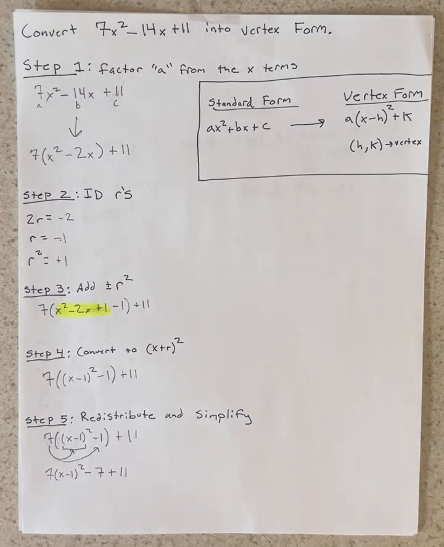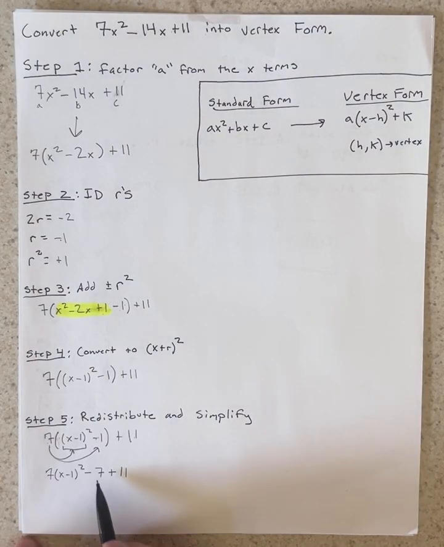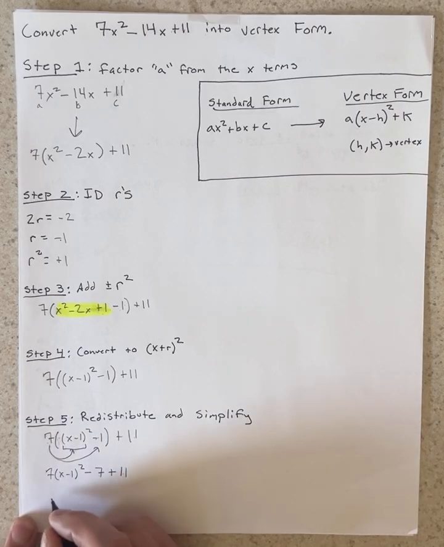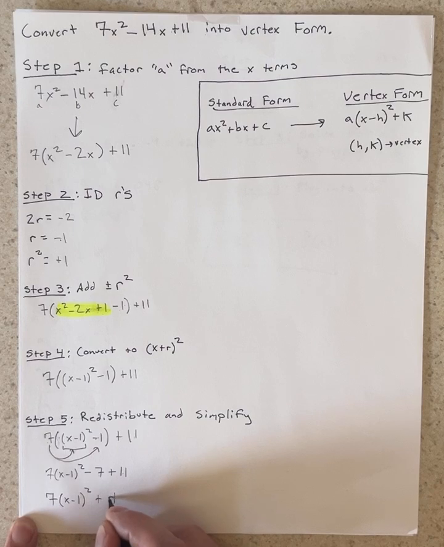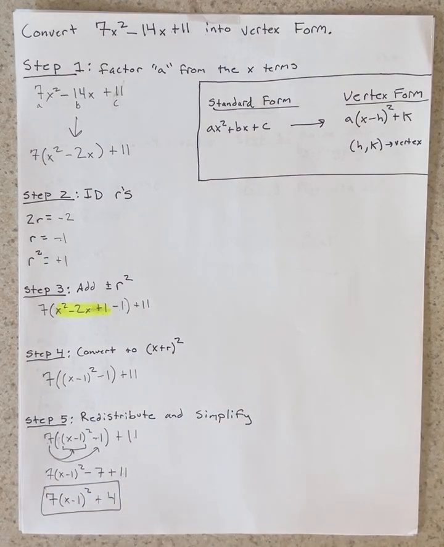And once I'm to this point, I'm almost done. The last thing I need to do is combine this minus 7 and 11, which gives me 7 parentheses x minus 1 squared plus 4. And this is my answer. This is the same quadratic now in vertex form.